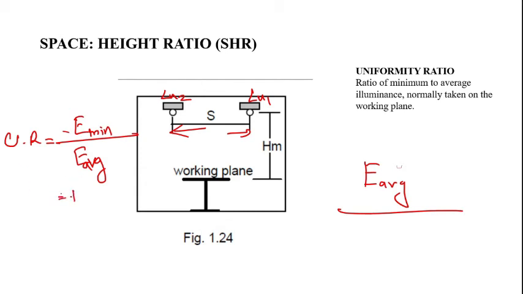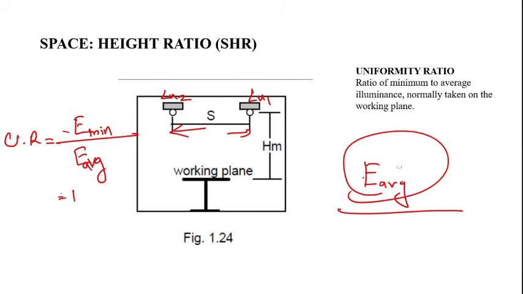That means the illumination on the working plane under consideration is uniform, or constant, over the entire working plane. If you consider any point on the working plane, you will get a constant value of illumination, measured in lux. That is what we mean by uniformity ratio equal to 1, and that value is the average illumination, E average.